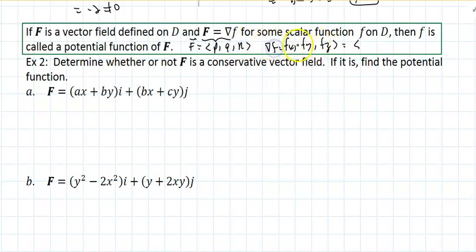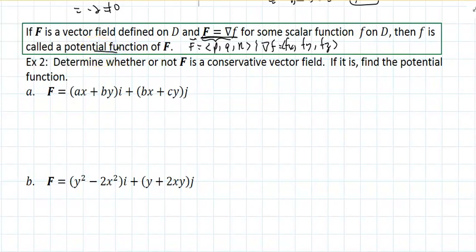Del f is the partial derivatives. So, to find this for some scalar function f on D, then f is called a potential function.